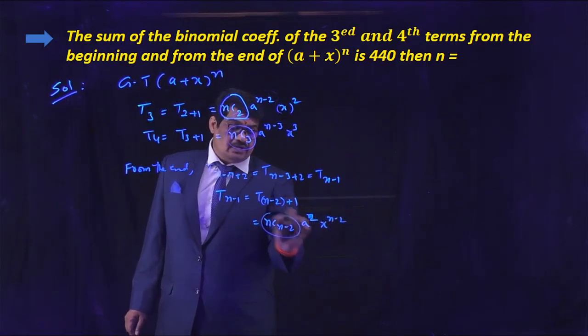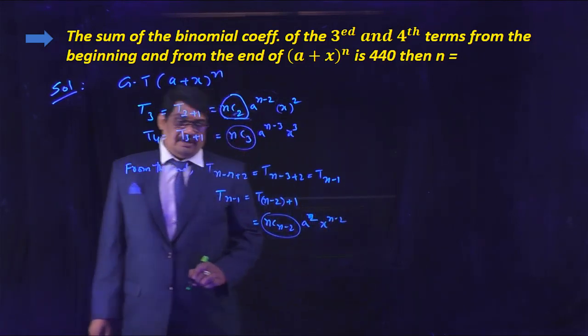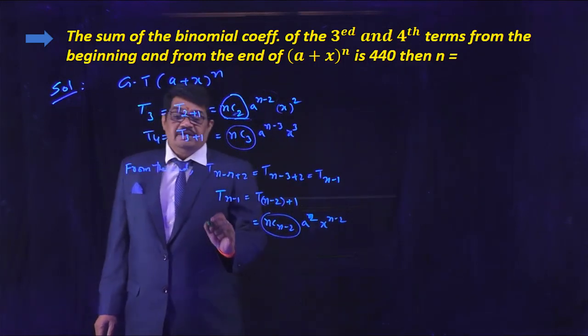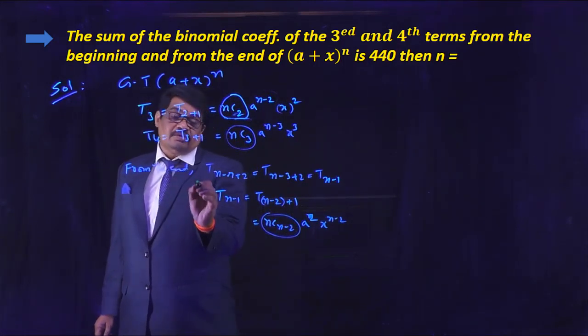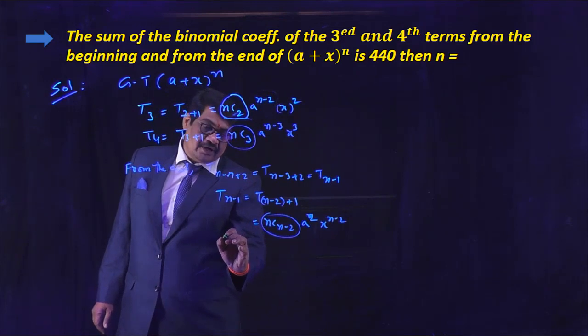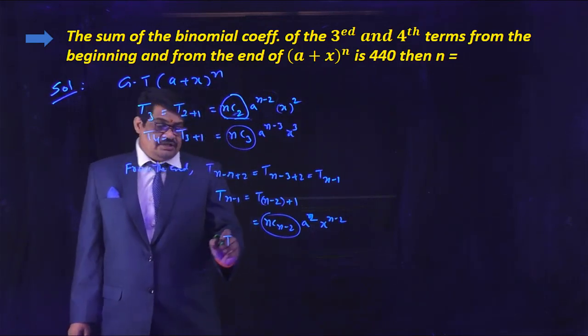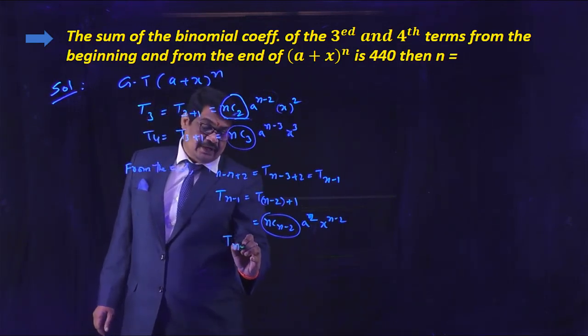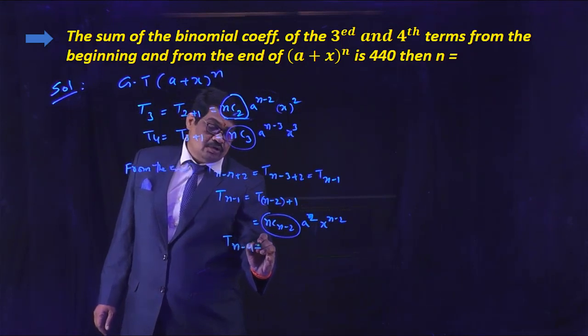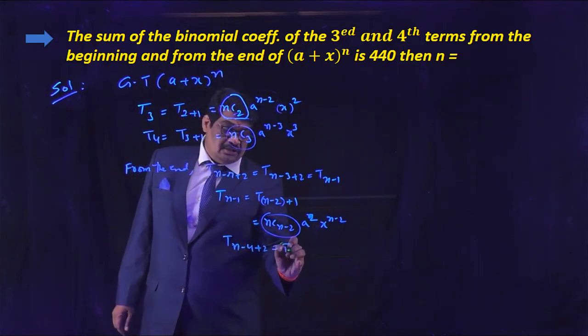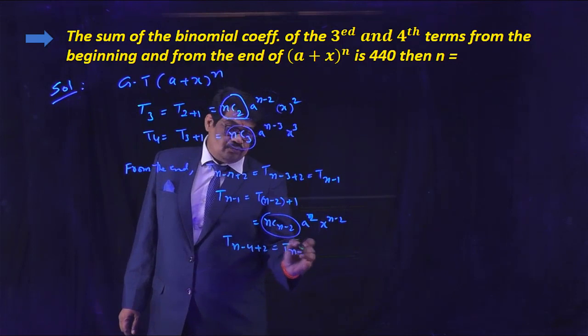So the coefficient is nC(n minus 2). Now we are writing the fourth term from the end, that is 4 plus 2, that is T(n minus 2) here.